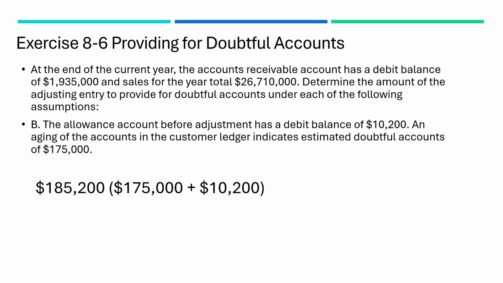Right, so we have our allowance for doubtful accounts, or ADA, and we have an initial debit, and this is why it can be really useful to write this out. And our desired ending balance is 175,000.